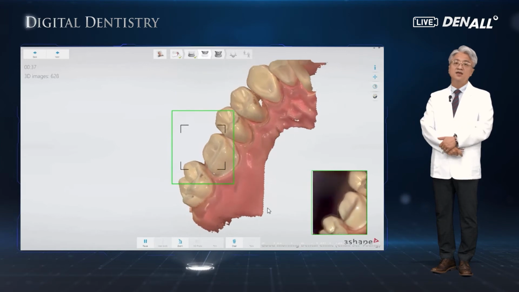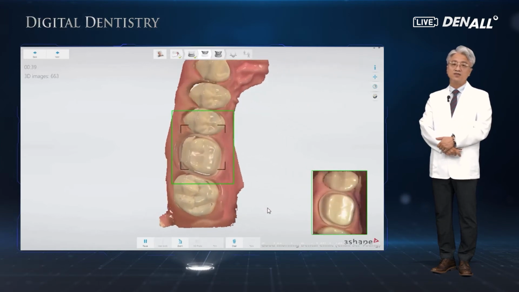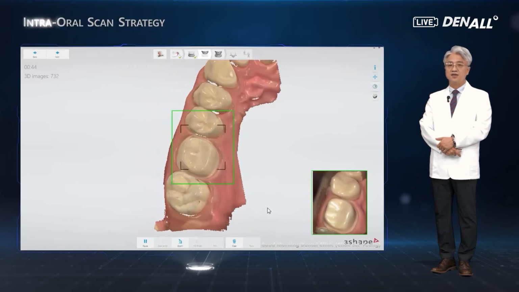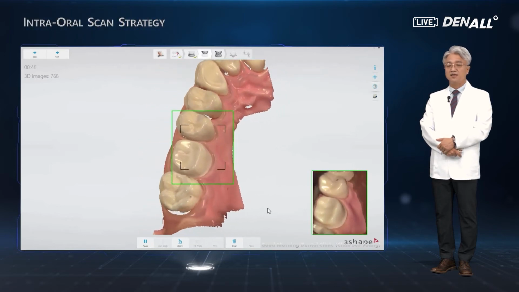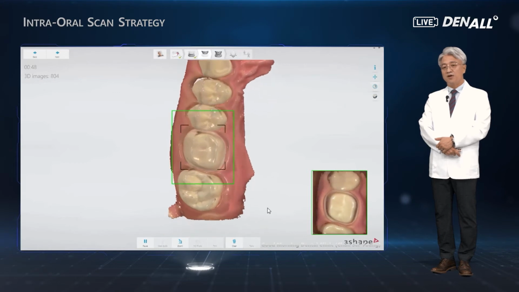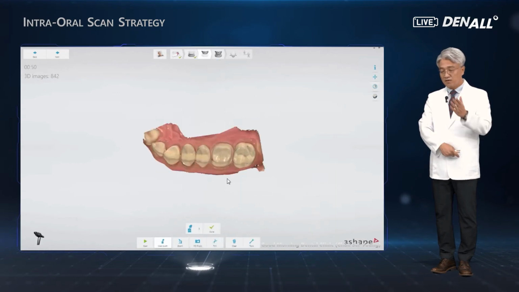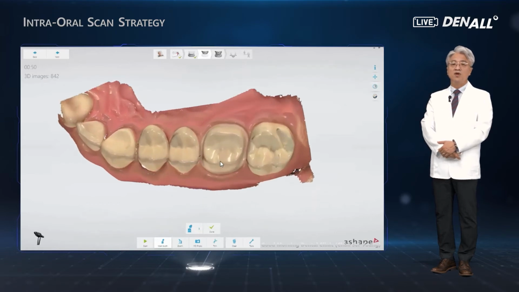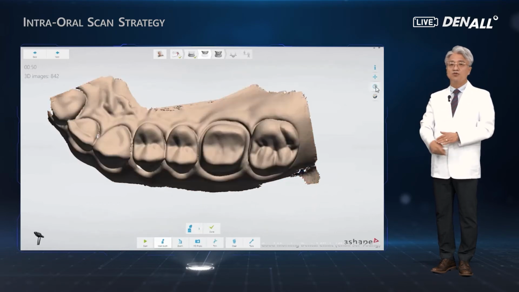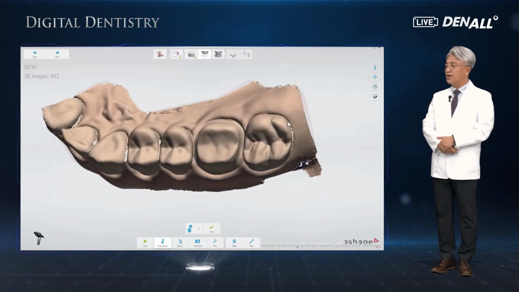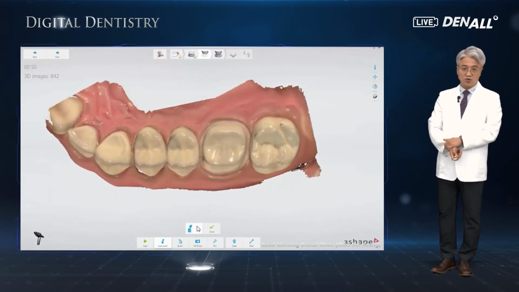So precise scanning is done for that portion again. So this is the crown scanning approach. You can choose the first approach or the second option, whatever you can conveniently use in your clinic situation.